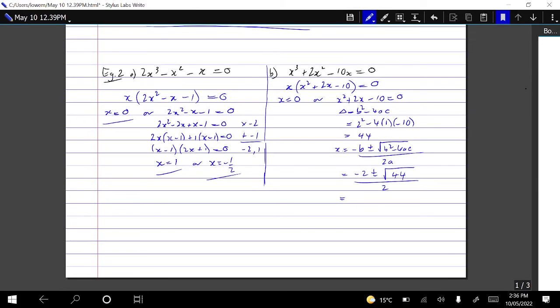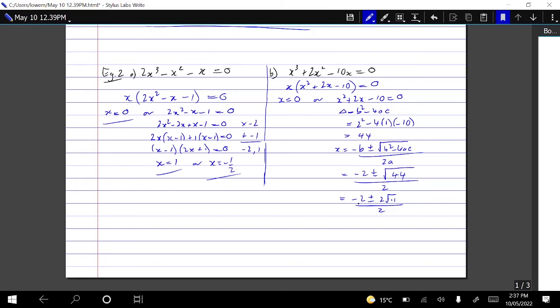So we could get decimal answers, or if the question's asking for exact values, then that would be one solution, but we could simplify it a little more. Okay, square root of 44 would become 2 times the square root of 11. Okay, because 4 times 11 is 44, and then taking the square root of 4 gives us the 2 at the front of the square root of 11.